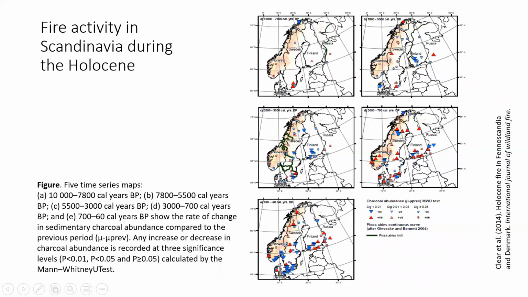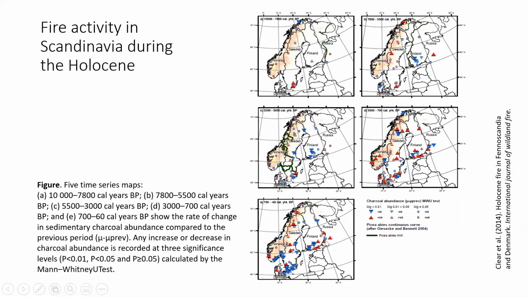We can see an increase, and then a little bit of change here especially in southwestern Finland and in southern Scandinavia, when cultivation had already shifted to field cultivation, and the role of slash and burn cultivation wasn't so big anymore.